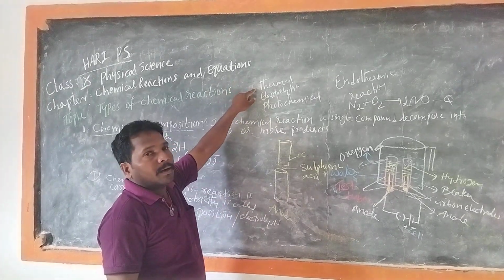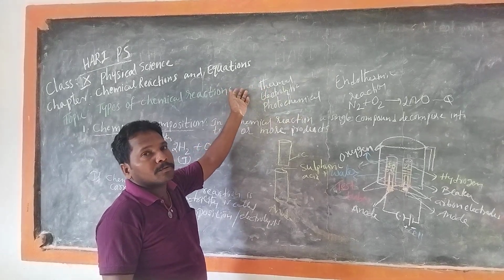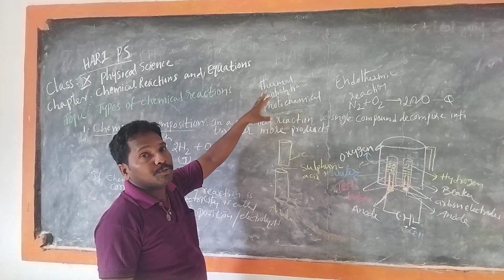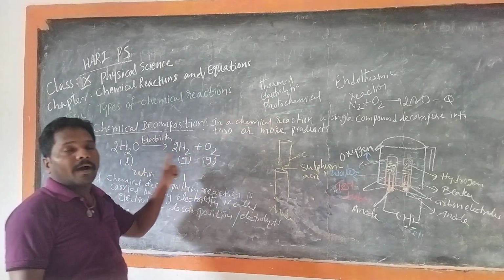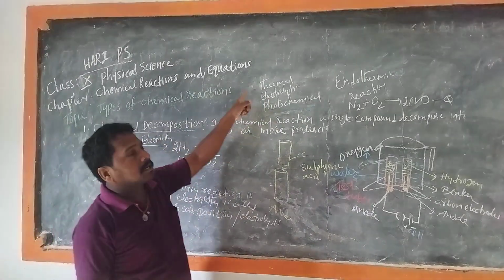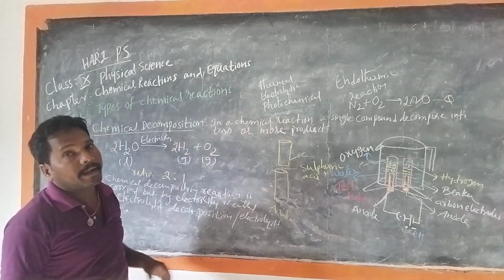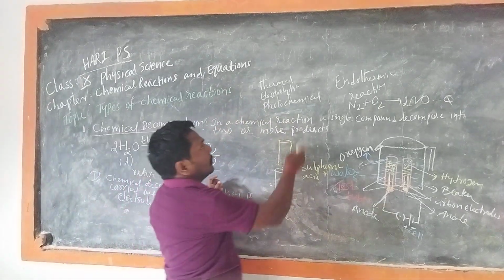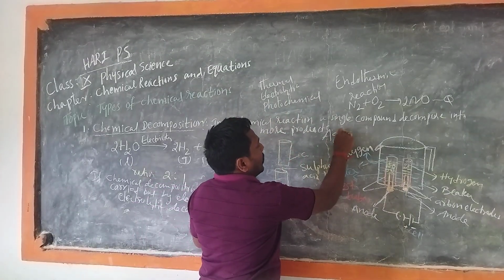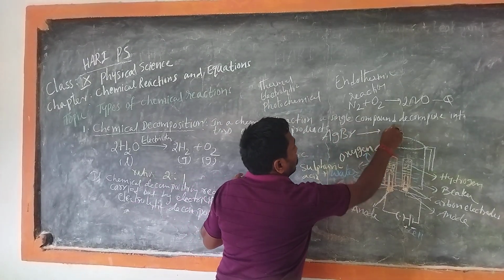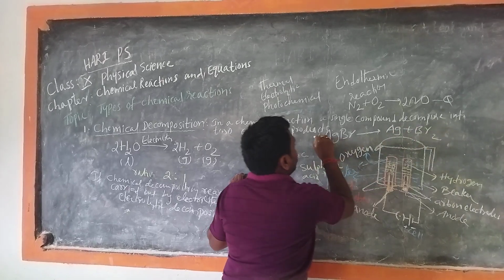Then for thermal decomposition, to decompose calcium carbonate or limestone, heat energy is required. To break down water into hydrogen and oxygen, electricity is required. And to break down silver bromide and silver chloride, for example AgBr, it dissociates into Ag and Br2.